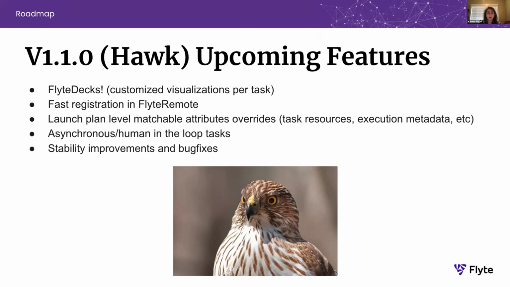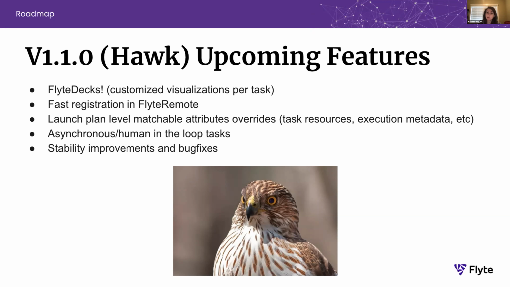In addition, we'll have fast registration support coming in Flyte Remote, which should hopefully improve registration time there. And then support for launch plan level matchable attributes. So if you want to set custom task resource overrides, execution metadata, cluster assignments, all that already exists within project or project-domain scopes, will now be supported at the launch plan level.